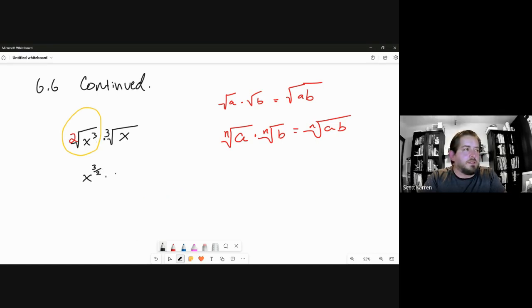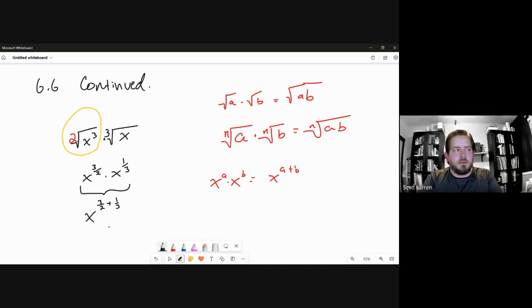Then I'm going to write this other guy as x to the 1/3 power. And I'll use that property that says x to the a times x to the b is equal to x to the a plus b. So these guys just add the exponents. This becomes x to the 3/2 plus 1/3 power.